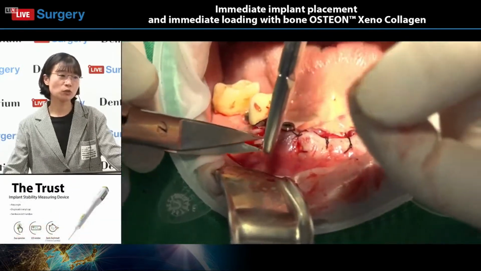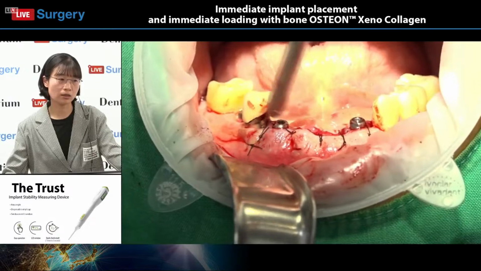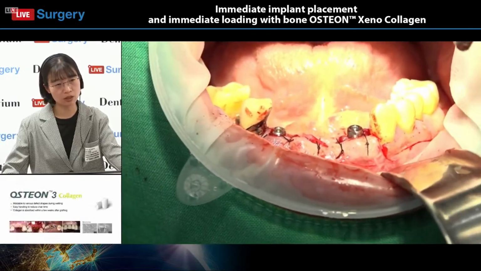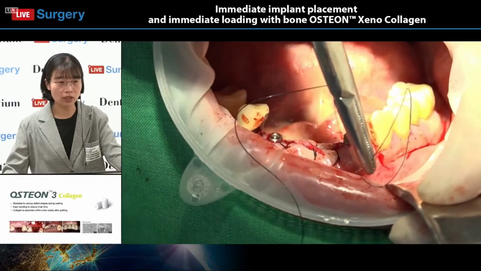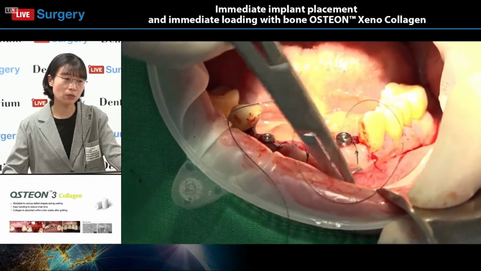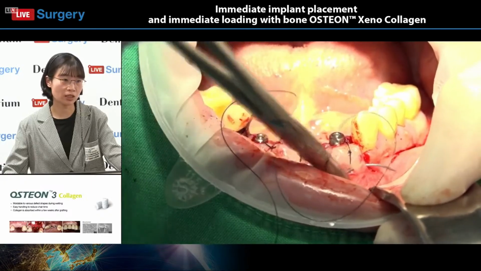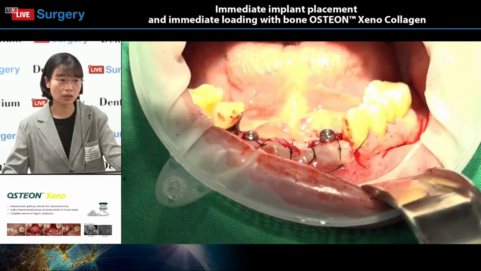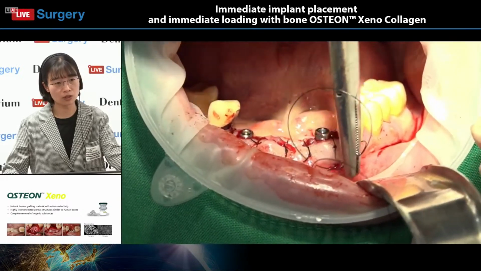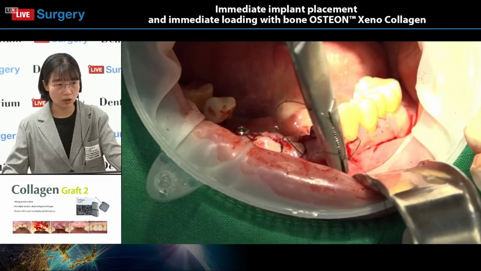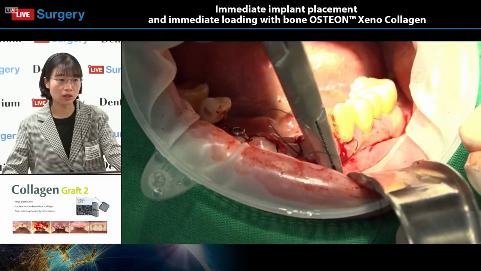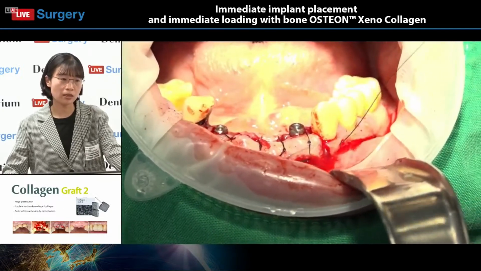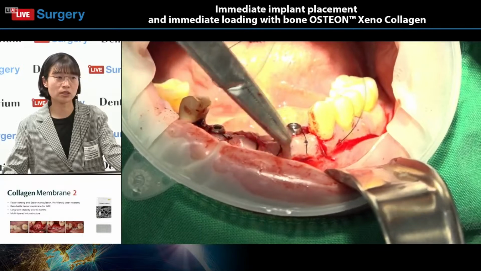So as I mentioned, it just takes 10 or 15 minutes from the tooth extractions to the suturing. I think that it was possible using the bright tissue level implant, because it is very good for the initial stability on immediate implantations, and also it has simple drilling procedures.